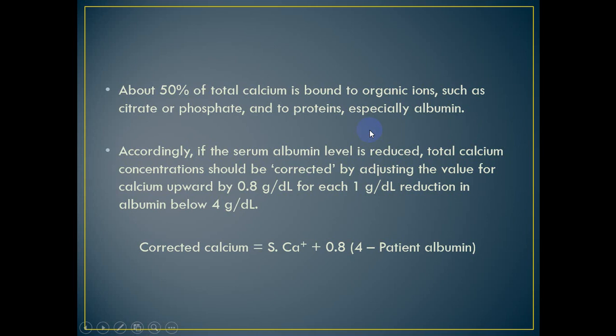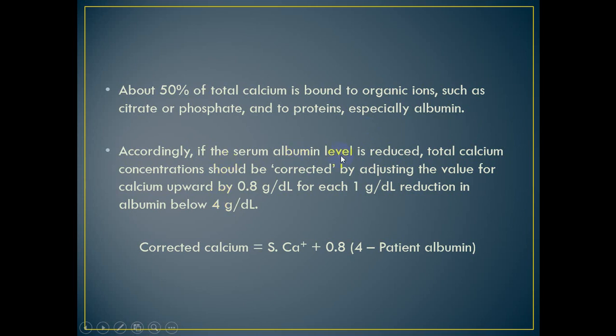So, about 50% of total calcium is bound to albumin. Accordingly, if serum albumin level is reduced, total calcium concentration will also be reduced, and it gives us a false idea about calcium level. So we need to correct calcium level according to serum albumin level.